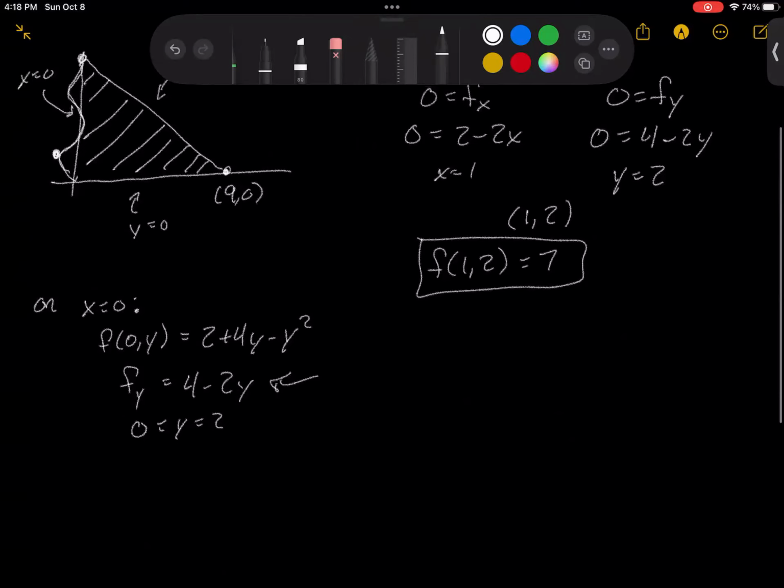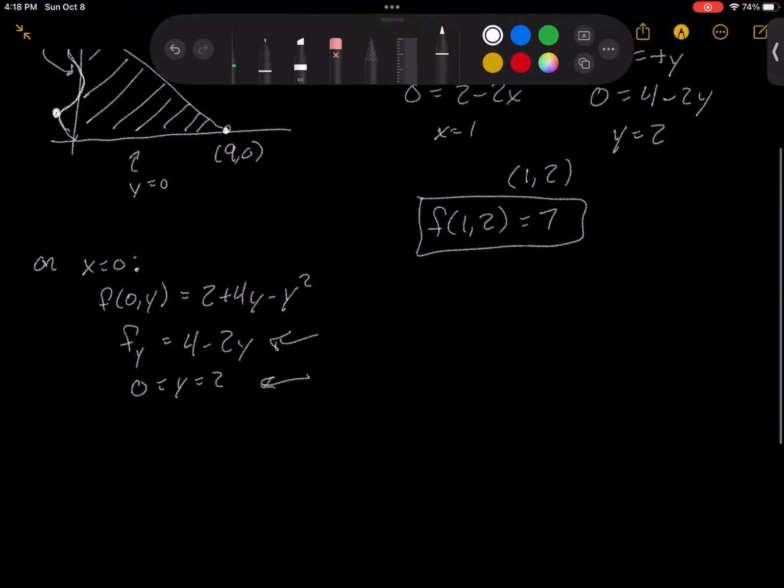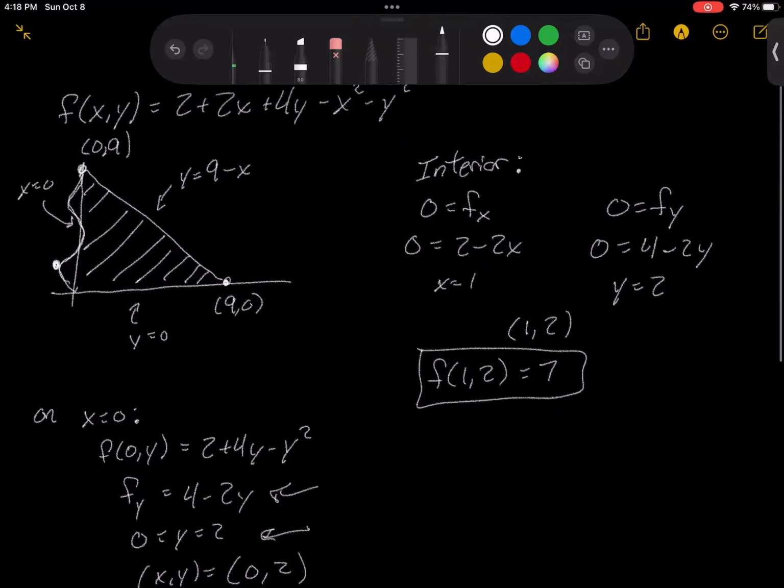This partial derivative is always going to exist, so we set it equal to 0. I could have a local maximum there, which means that I need to check the point (0, 2). I need to look at this point right here when x is equal to 0 and y is equal to 2, because there's a hilltop there, or a valley. We don't know which one yet.